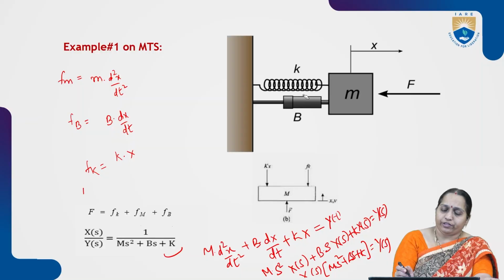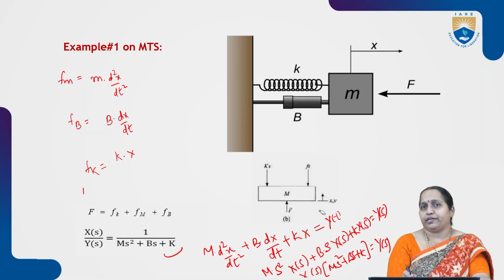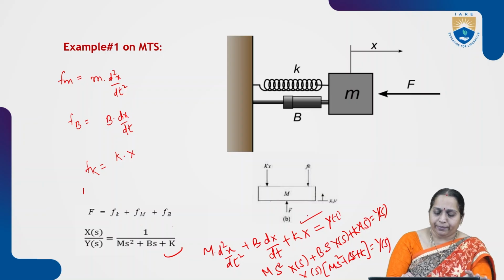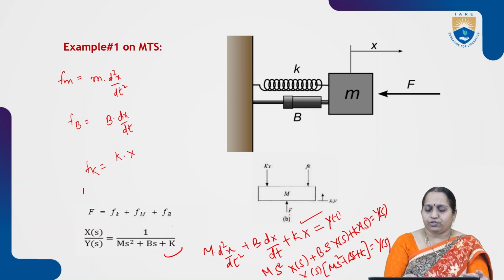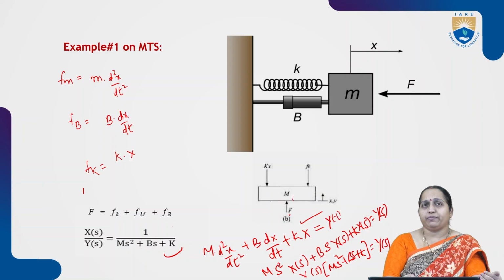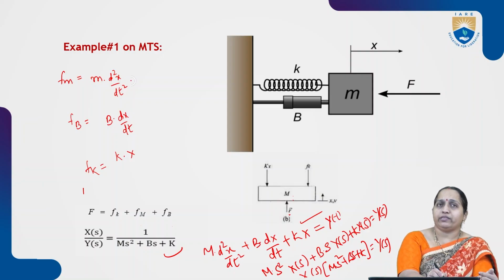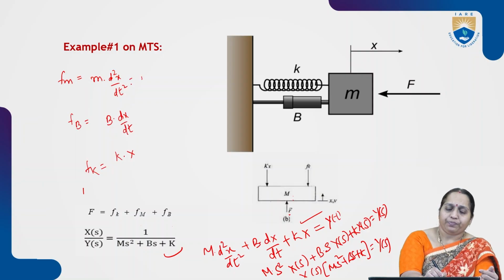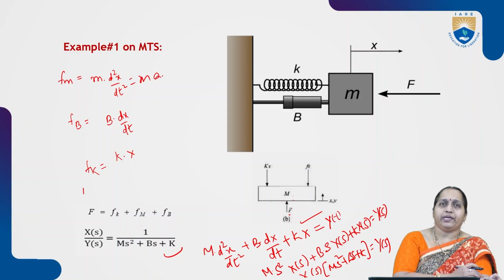Then we draw the free body diagram. This is a free body diagram, and this is a mass element. What is the displacement caused by this mass element? X. The opposing force of this mass element is given by M into A, that is M into d square x by dt square.